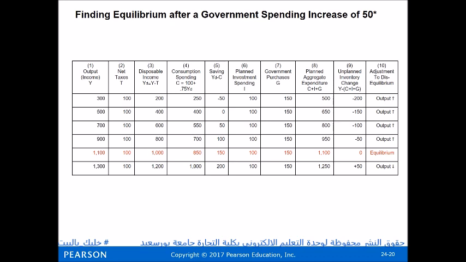Because at that level of Y, we will find that the sum of C, I, and G will be equal to the value of Y. So at a level of before tax income, Y, of 1,100, we find that the sum of consumption, which is 850, and investment, which is 100, and the new level of government spending, which is 150, that is 100 plus 50, is going to be exactly 1,100, and this is why equilibrium occurs at that level of 1,100.